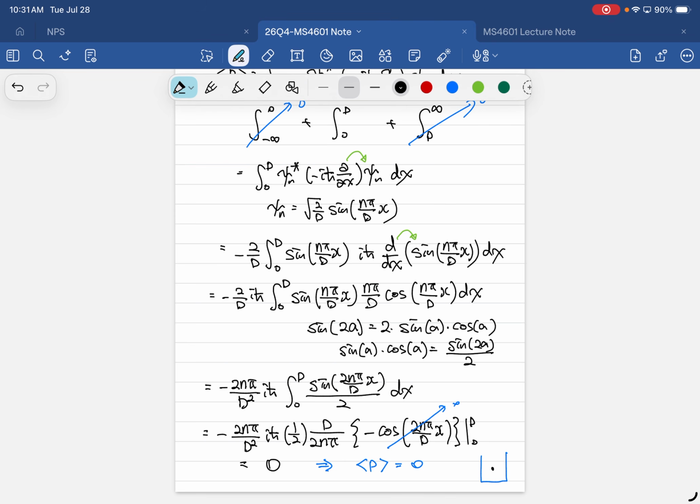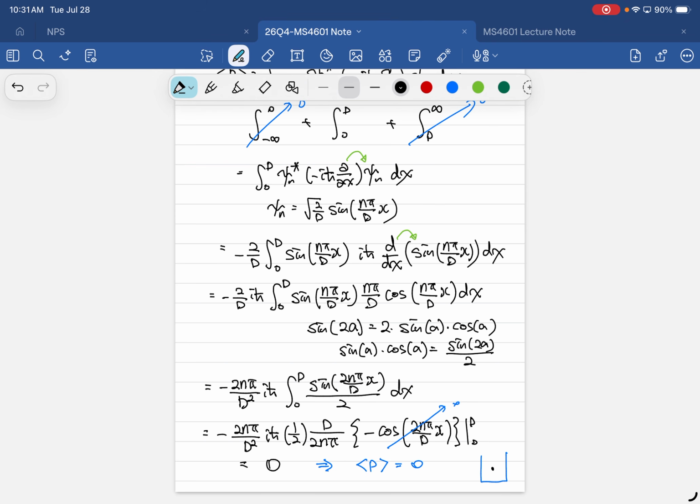Maybe, right? Because it can have different momentum or velocity values. There's a probabilistic distribution, but when you take the average of that, it's going to be 0.